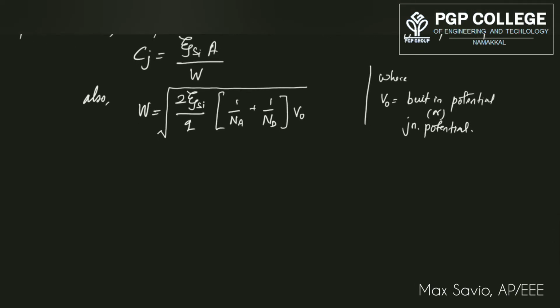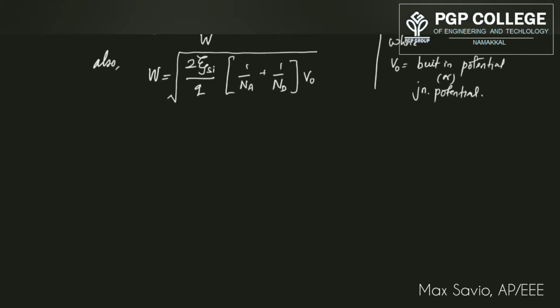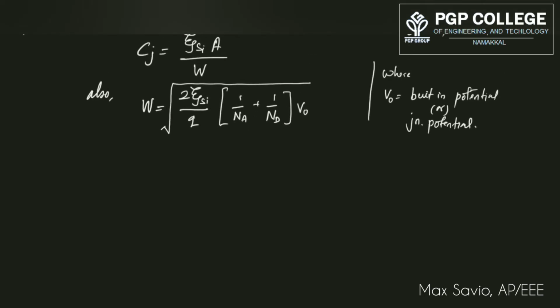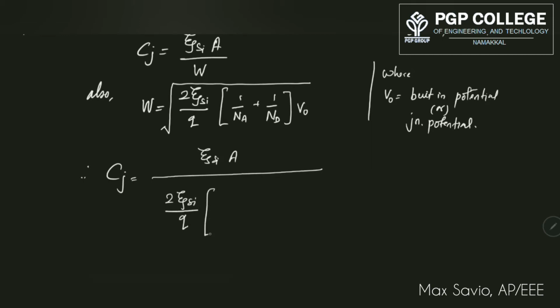Now we'll write that expression in detail. Let us substitute the value of W in the above equation for Cj. So Cj can be given as epsilon Si into A divided by W, and the value of W is the root of 2 epsilon Si divided by q times 1 by Na plus 1 by Nd into V naught.